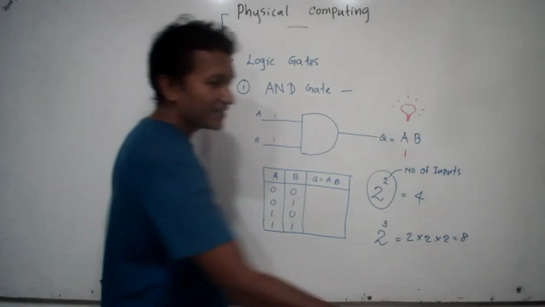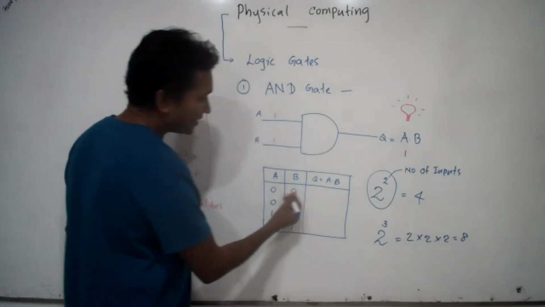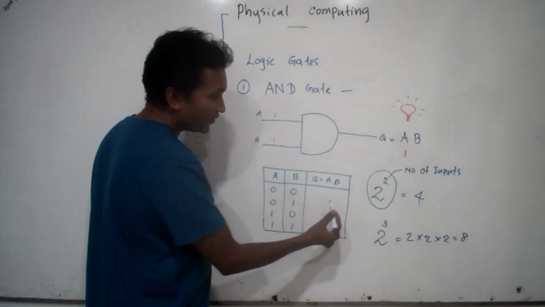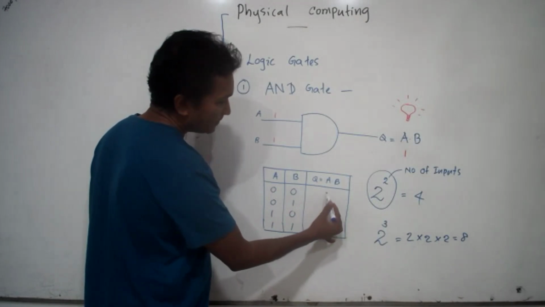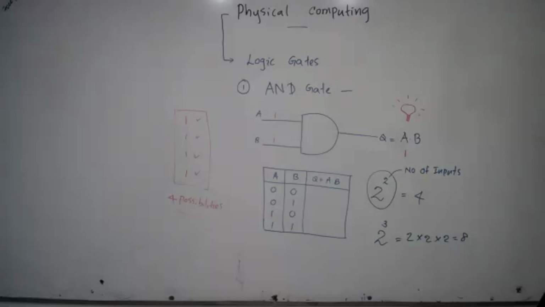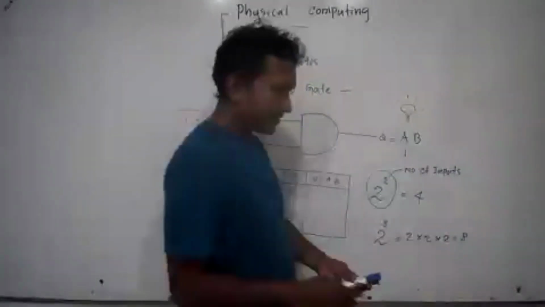Okay, then shall we write the output here? When both inputs are 0, what is the output? Right.